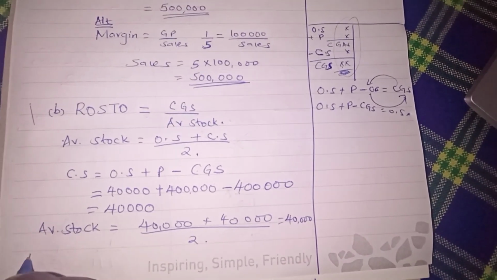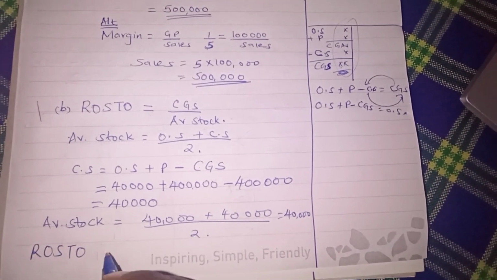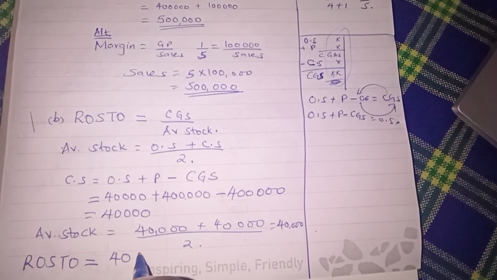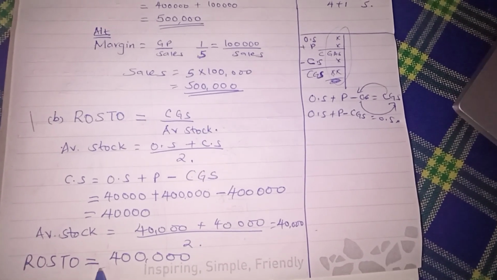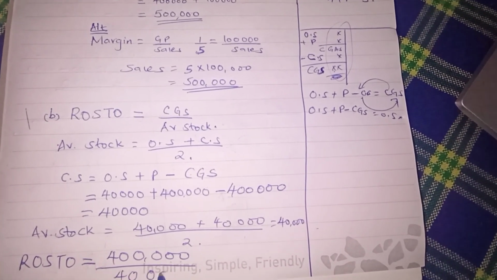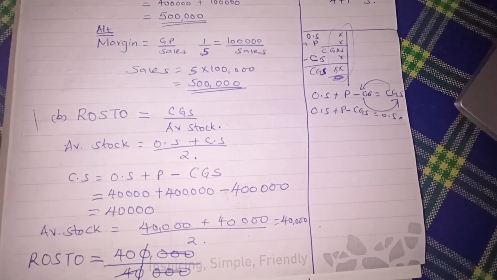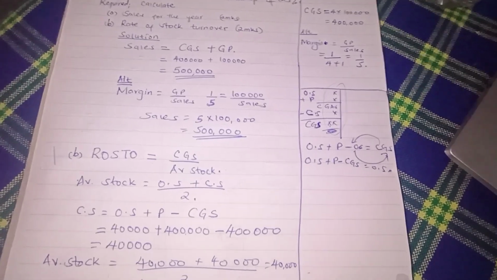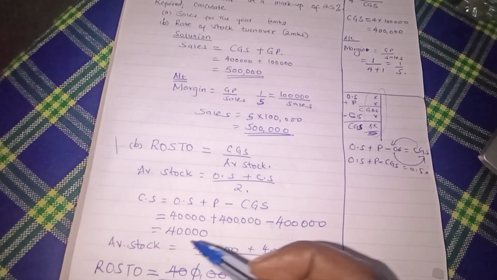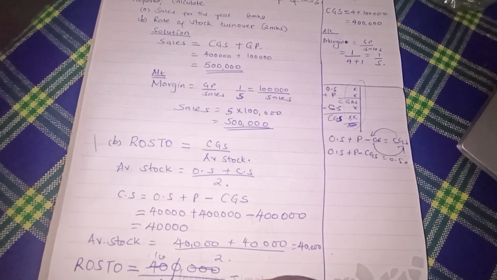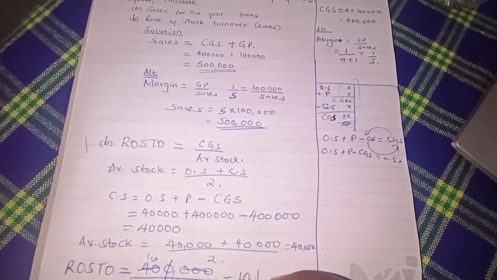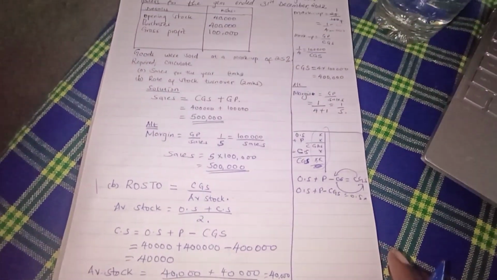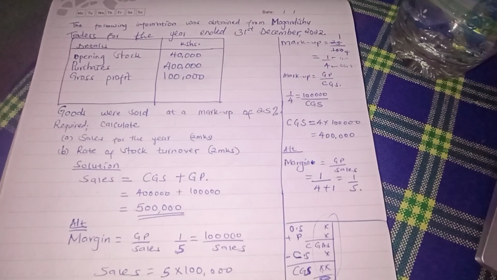Therefore, the rate of stock turnover will be our cost of goods sold, which is 400,000, divided by 40,000. So this gives us 10 times, and therefore our rate of stock turnover is 10 times.